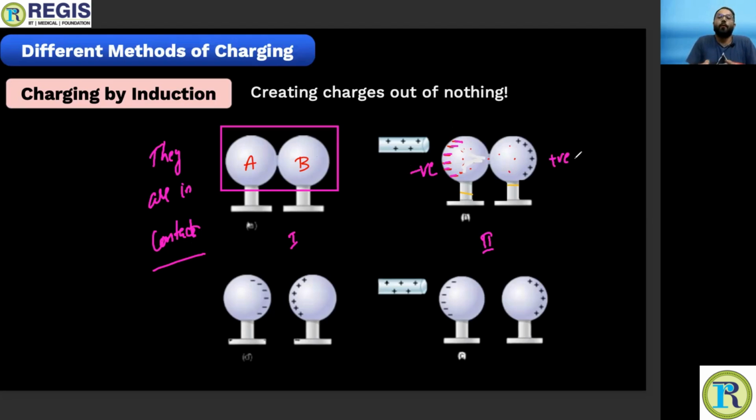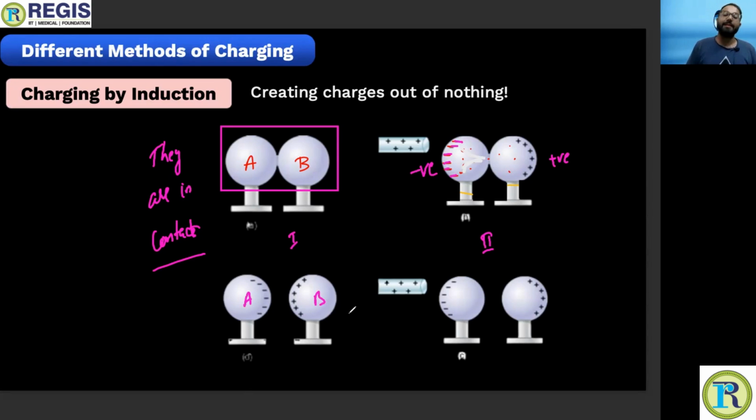Now we remove the physical contact, separating them. Now on object A there will be negative charge, and on object B there will be positive charge, so they will attract each other.